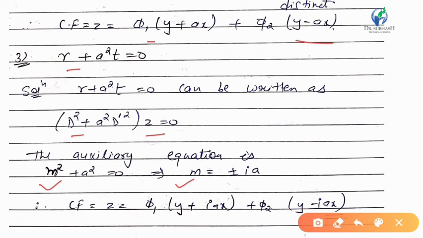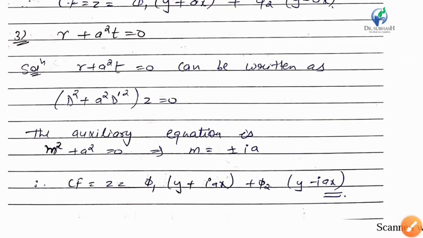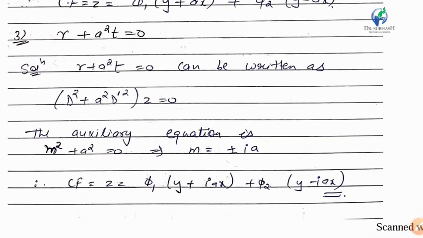Now this is a complex number. So by case 3 we will write our CF as z equal to phi 1 y plus iax, here I am taking the positive sign, and for the next term I will take the negative sign, phi 2 y minus iax. This is my final CF for the given differential equation, or we can say this is the general solution.